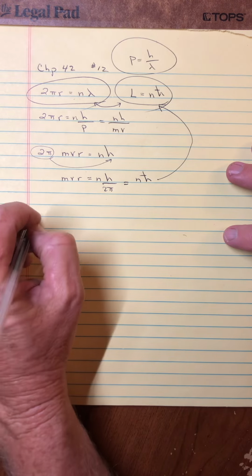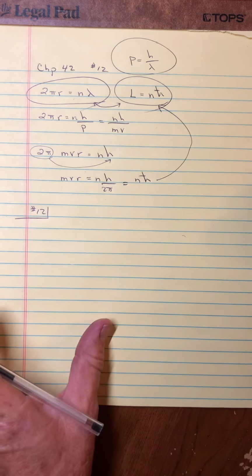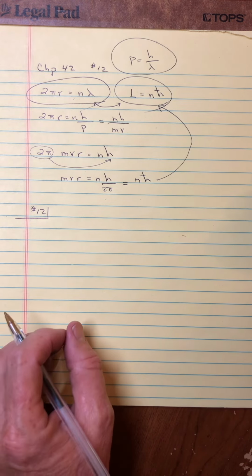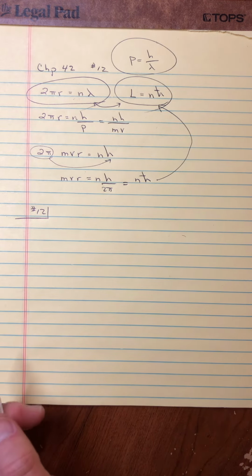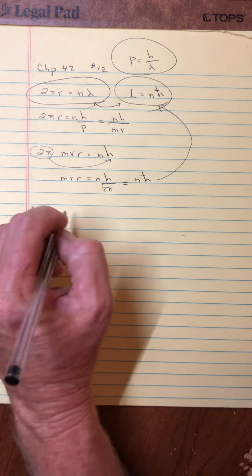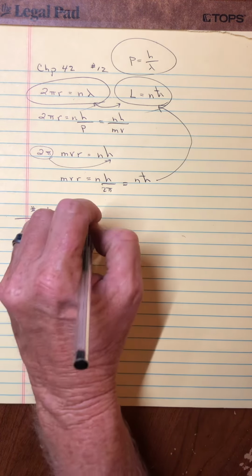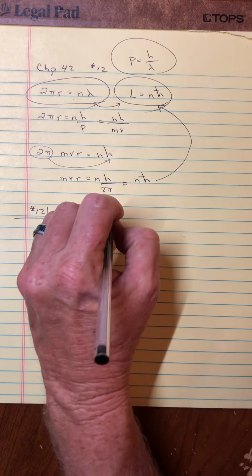But anyways, getting to number 12, I can read this. It says an electron is in the nth Bohr orbital of a hydrogen atom. A, show that the period for the electron, capital T, is equal to some constant T naught times the quantum number cubed.